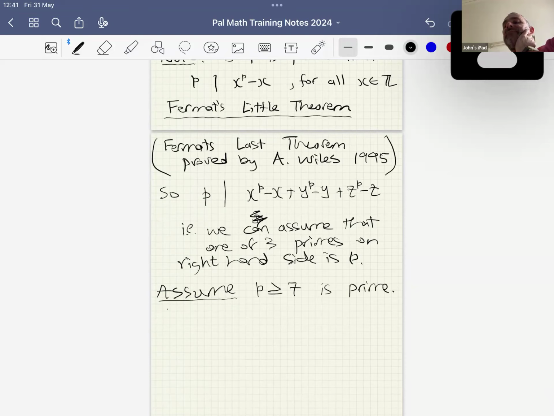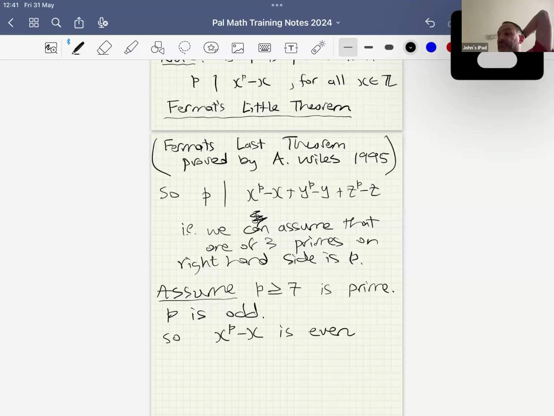The key thing here is p is odd. So you can show the following. X to the p minus x is even because p is odd.